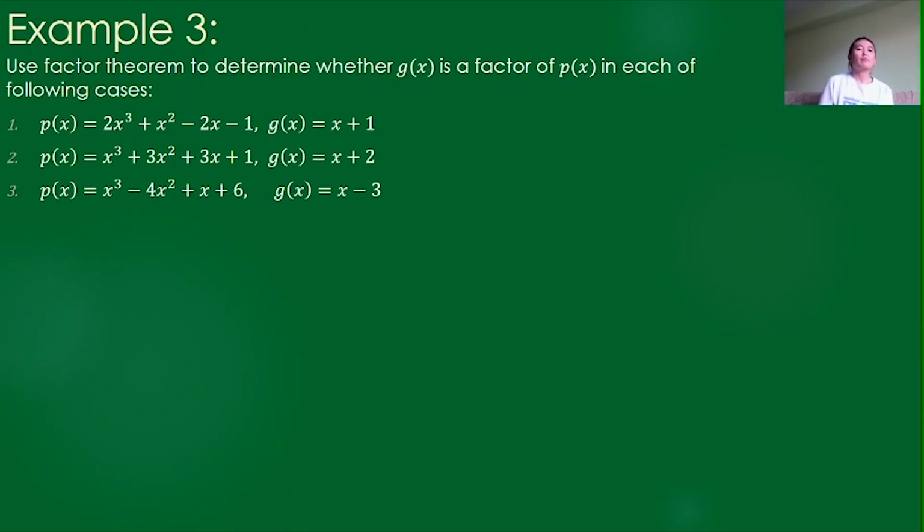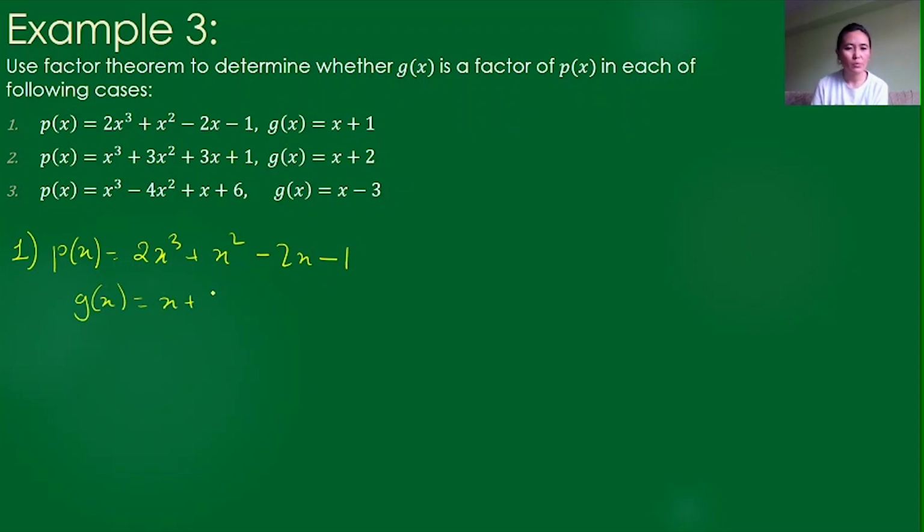In the third example, we have to use the factor theorem to determine whether g of x is a factor of p of x in each of the following cases. Now we'll start with the first one. Here p of x is equal to 2x cube plus x square minus 2x minus 1, and the given g of x is equal to x plus 1.